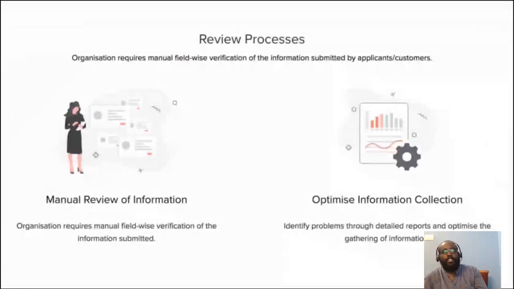Here in the review process, you have an option to send the same record back to the review state. The applicant has to fill in the information again, and it will be reviewed. Once the reviewer approves it, it goes to the next stage. That's how the review process works.